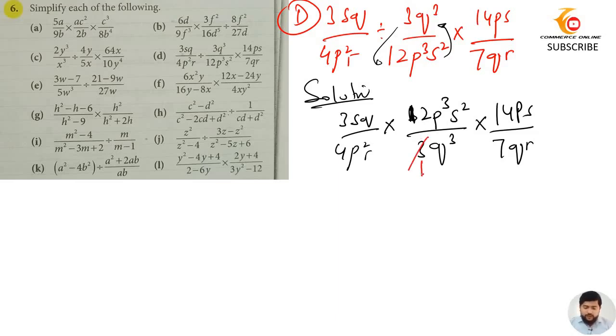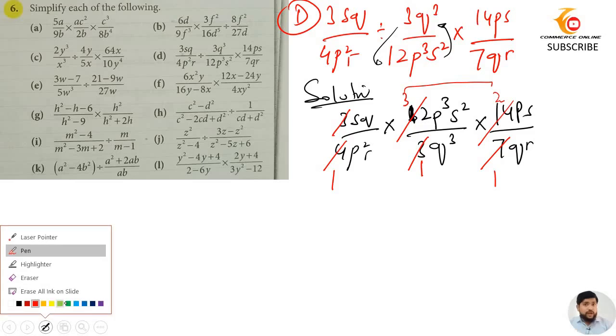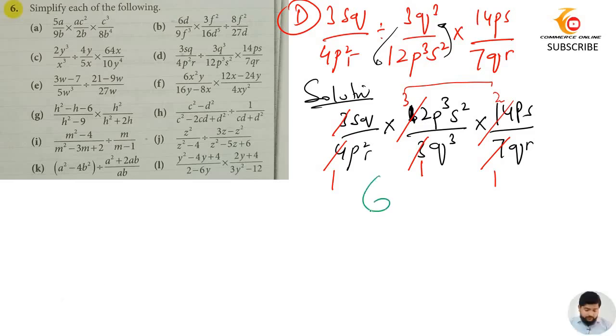So that will be 3 1s are 3, 3 1s are 3, 4 1s are 4, 4 3s are 12, 7 1s are 7, 7 2s are 14. So when I see the coefficient, only 3 and 2 are remaining. So 3 multiplied by 2, that will be 6.